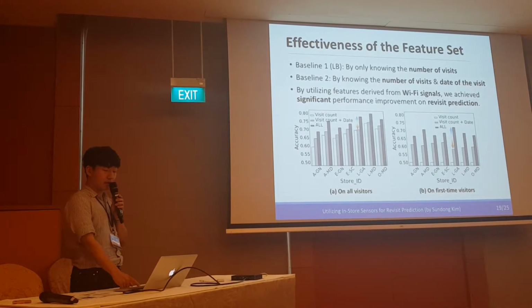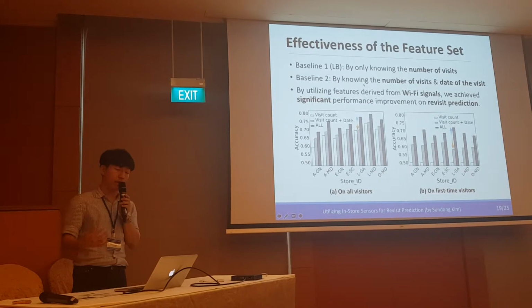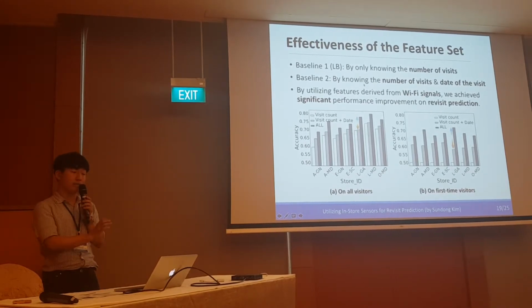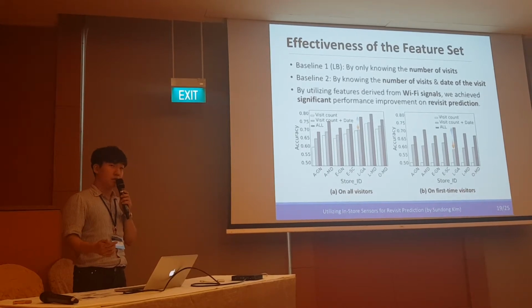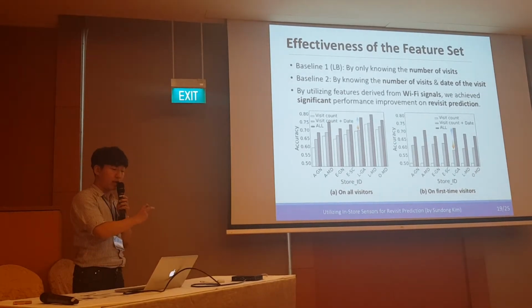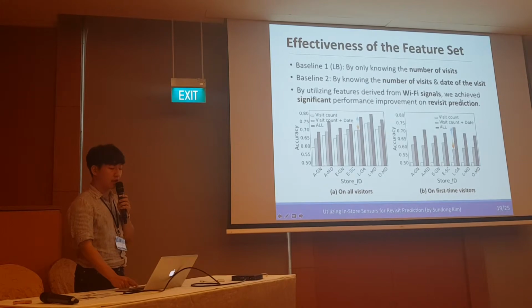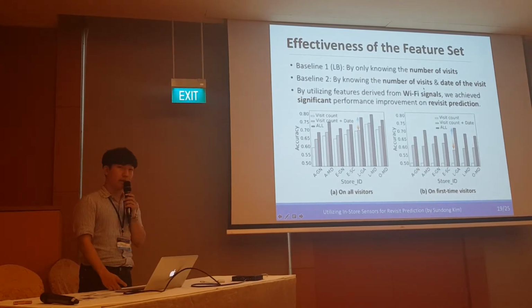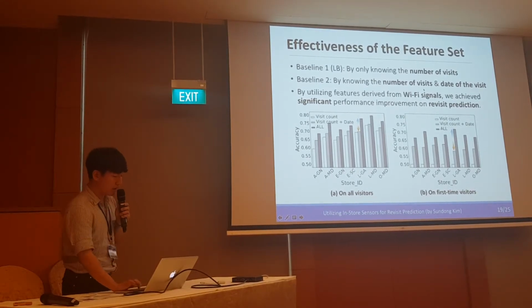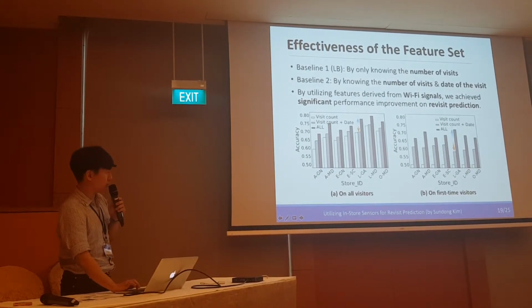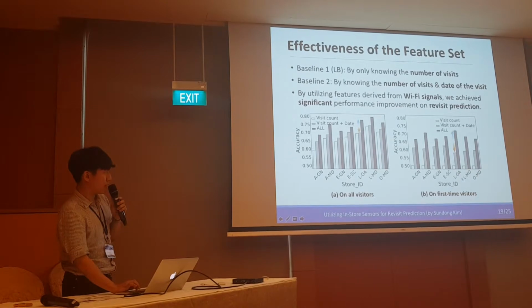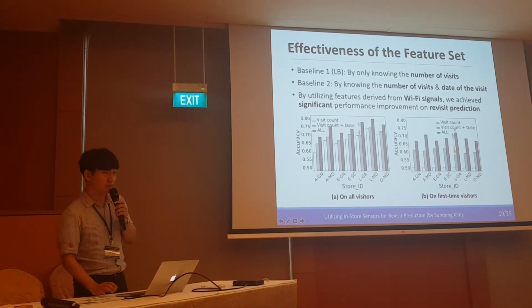And since our data set is finite, people who have a record during the earlier part of the data collection period might have a higher chance to revisit. So we use the date of the visit and the number of visits as the second baseline of our model. And you can see there's a significant performance improvement on the second plot and the third plot.